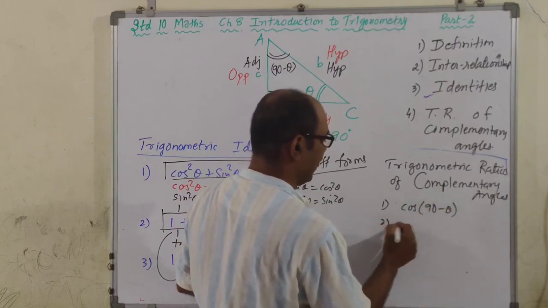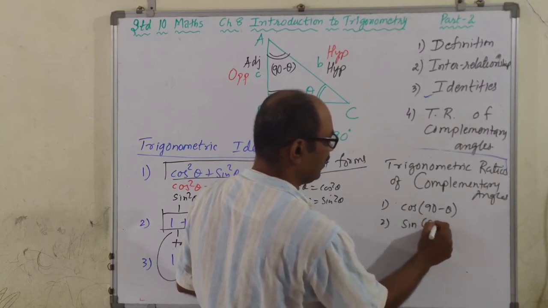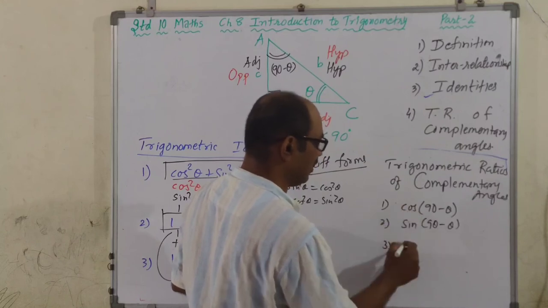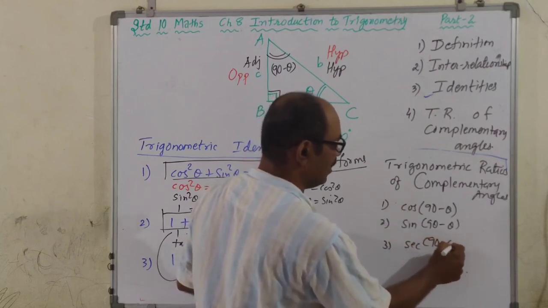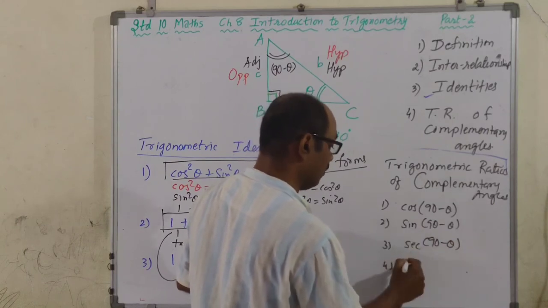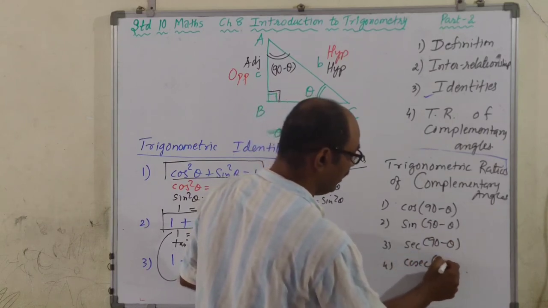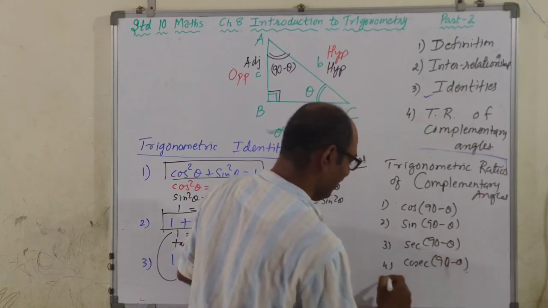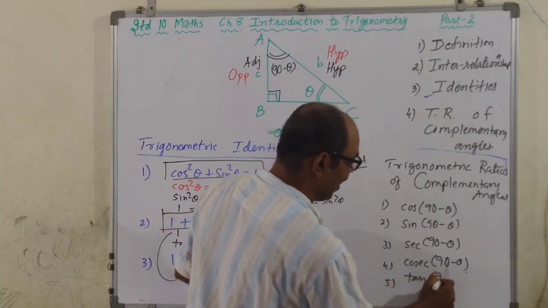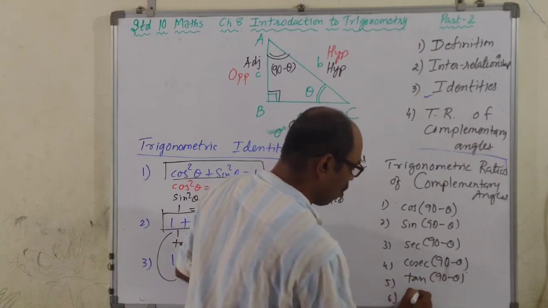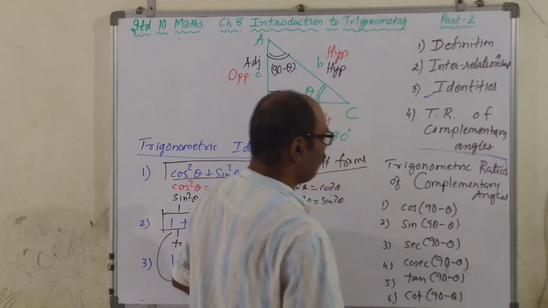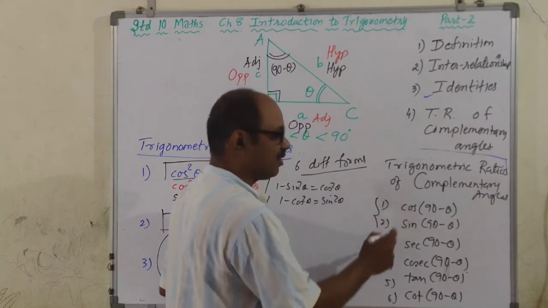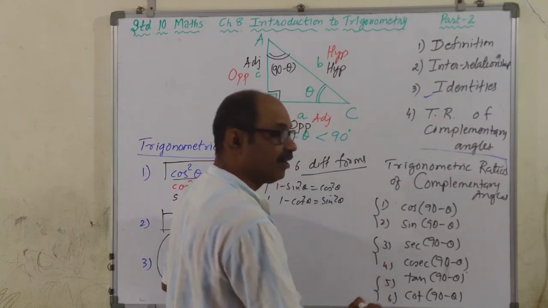Second, sin 90 minus theta. अब मैं tan नहीं लेने वाला हूं, मैं लेने वाला हूं इसका रेसिप्रोकल. sec 90 minus theta. फिर इसका रेसिप्रोकल cosec 90 minus theta. Okay. Fifth, now I am taking tan 90 minus theta, and sixth, cot of 90 minus theta. If you remember, I always take cos first, sin and tan. But for complementary, cos sin, sec cosec and tan cot together.